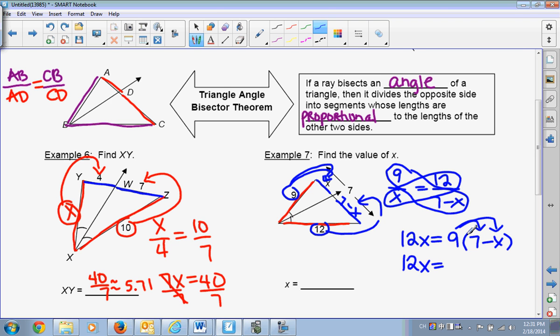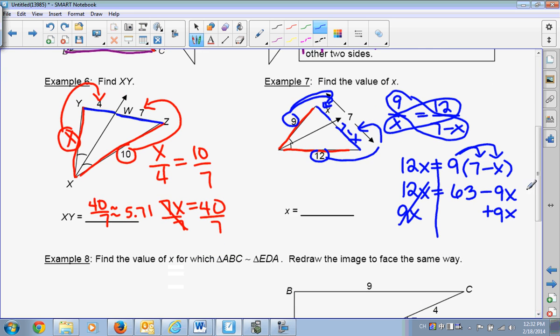So 9 times 7 is 63. 9 times negative x is negative 9x. And notice we have now a baby and a mama because we have variables on both sides. So this is the baby because it's a negative. We're going to go ahead and add 9x and bring it to the other side. This cancels. Oops, that doesn't cancel, does it? Messed that up.